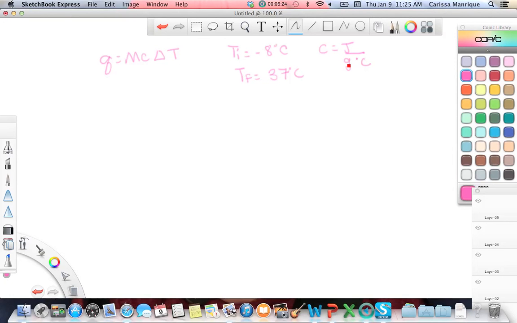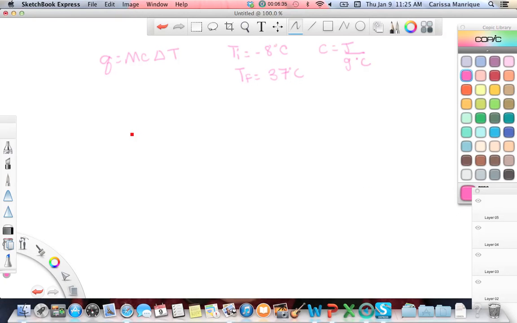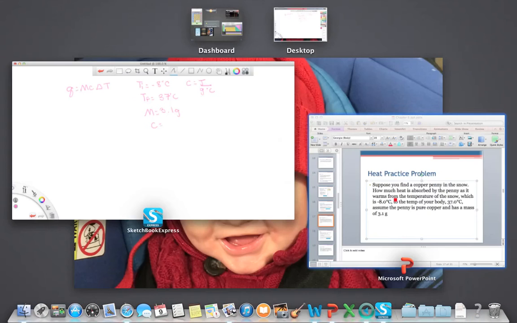Let's look at what else we have. It says, assume the penny is pure copper. This is a copper penny and has a mass of 3.1 grams. So I know mass equals 3.1 grams. I need to look up C. C is a constant. It doesn't give it to you in the problem, so I have to look it up.